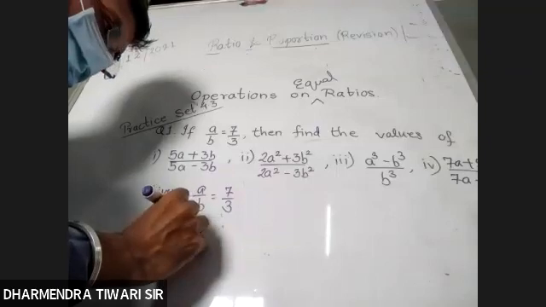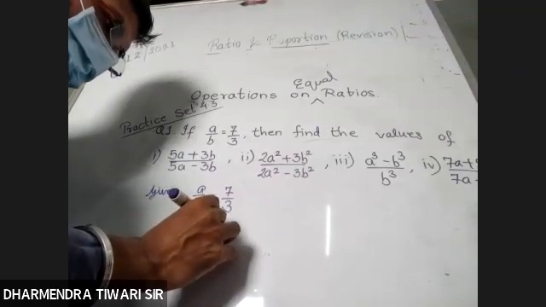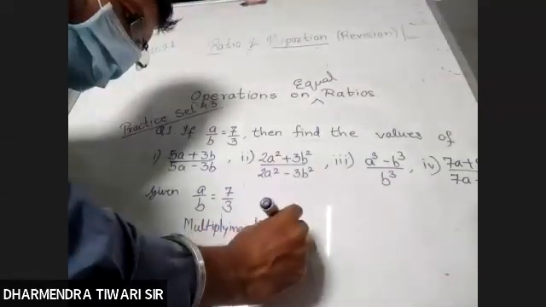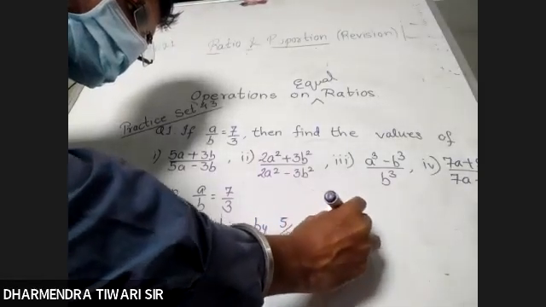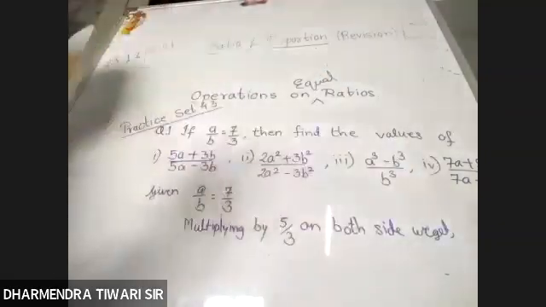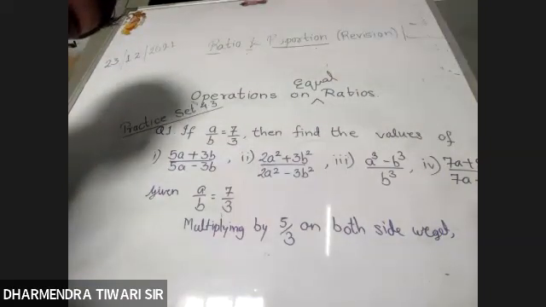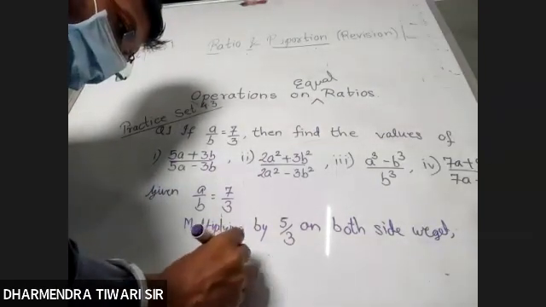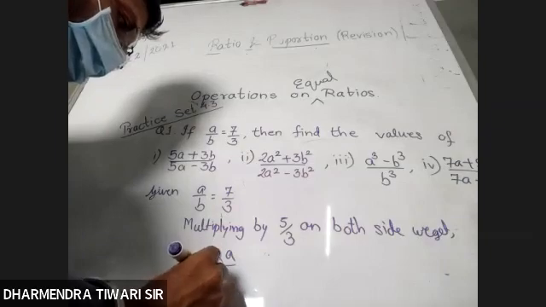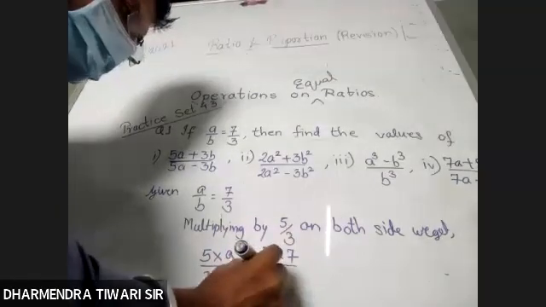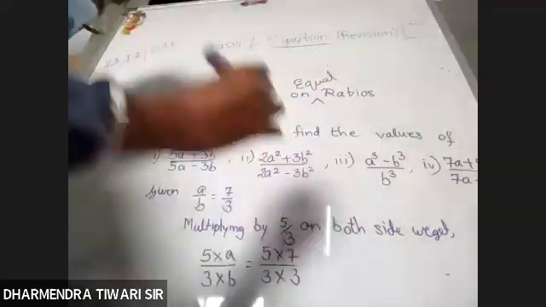So multiplying by 5 by 3 on both sides, we get 5 into a upon 3 into b is equal to 5 into 7 upon 3 into 3.